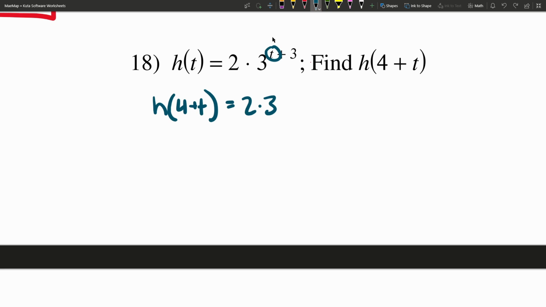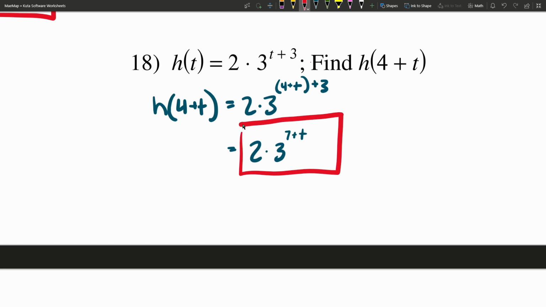So that's going to be 3 to the 4 plus t plus 3. Simplifying this down, we'll have 2 times 3 to the 4 plus t plus 3 is 7 plus t. We can't simplify any further, so 2 times 3 to the 7 plus t is our final solution on this worksheet.